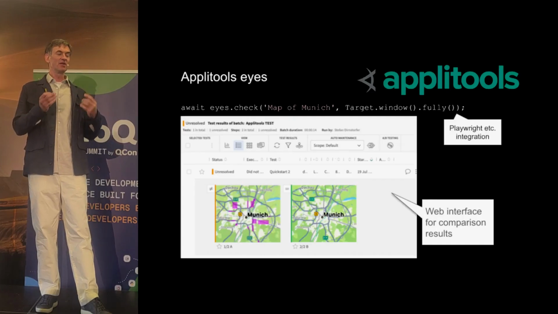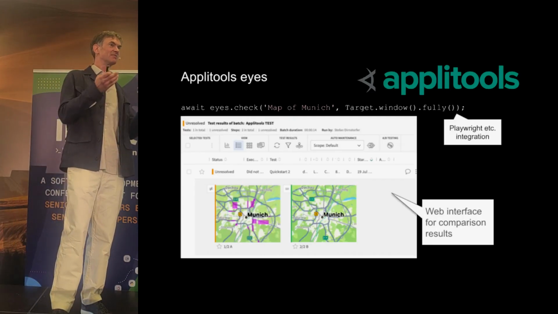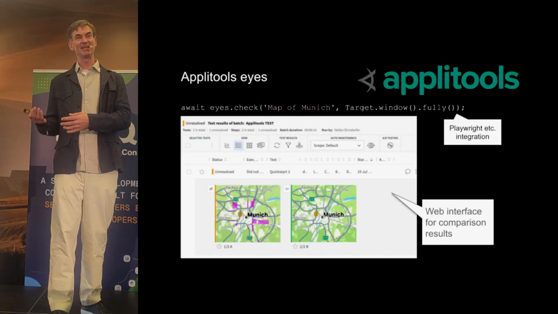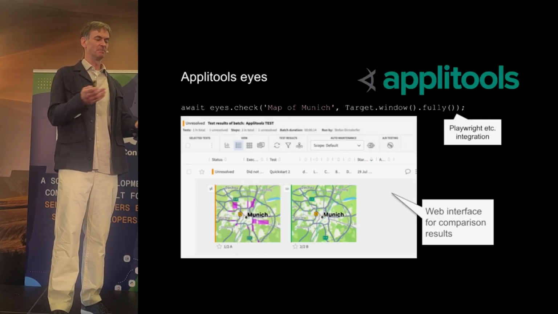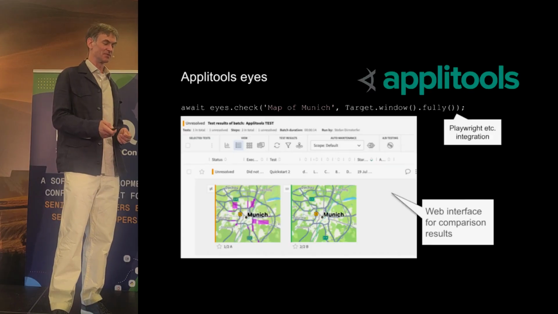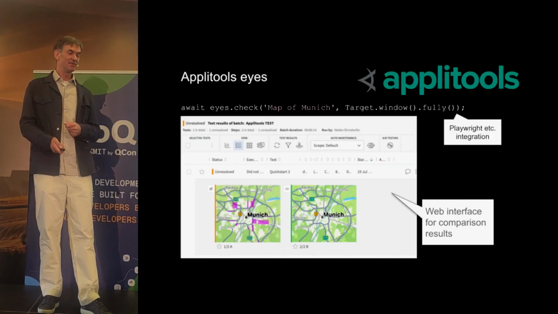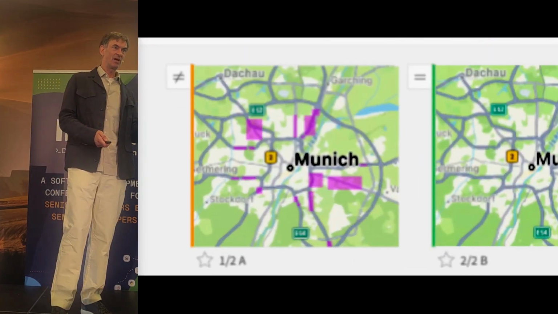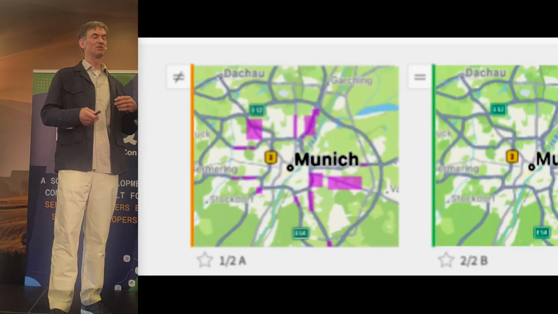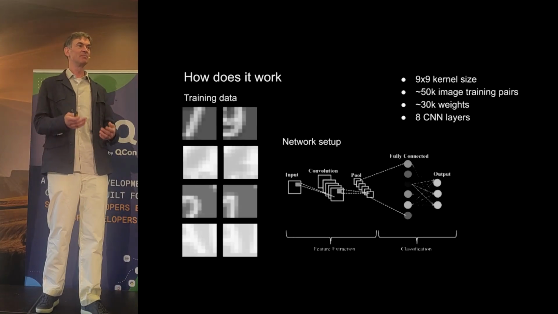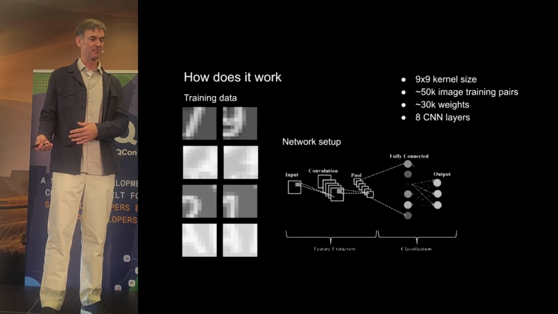And the first question that I have is, how does Applitools do it, and how can we scale that method to more complicated scenarios? Here you can see how it flags the changes, and I was able to replicate this performance with a simple convolutional neural network.